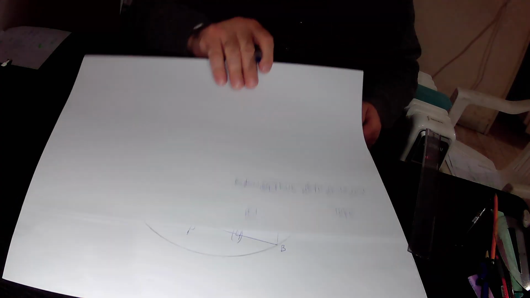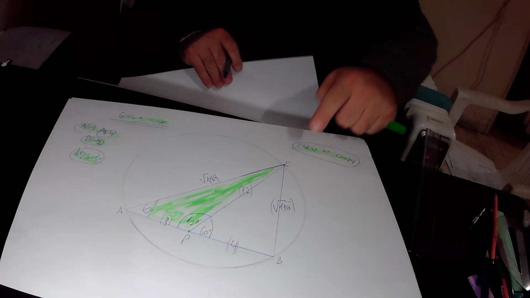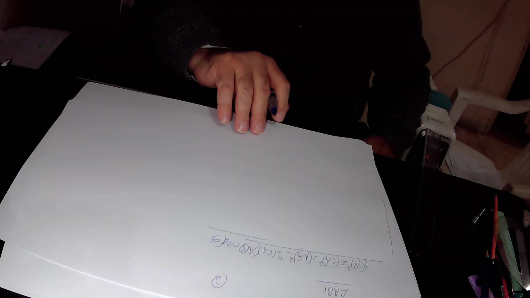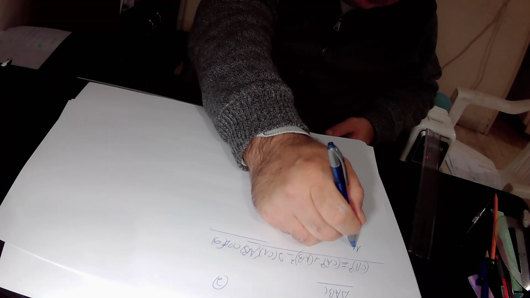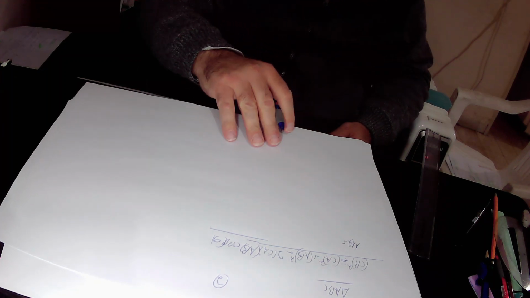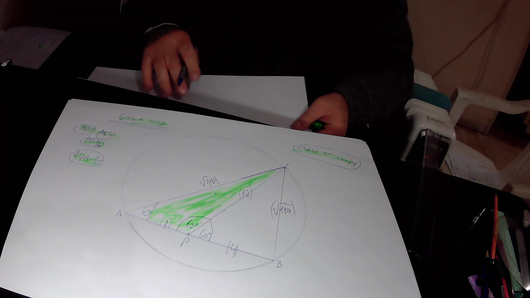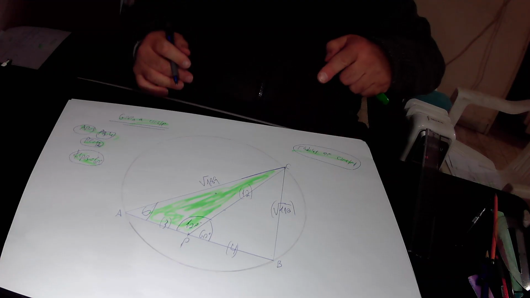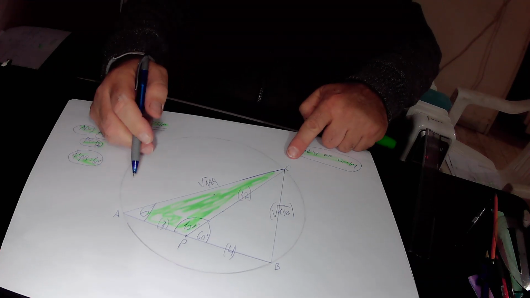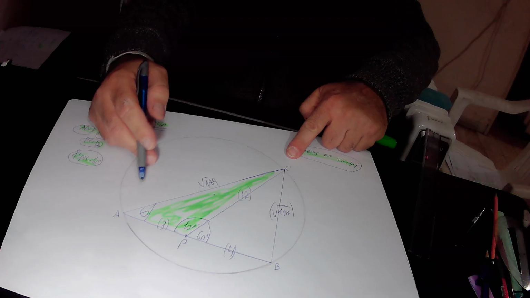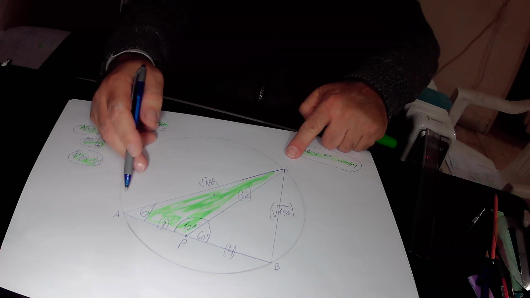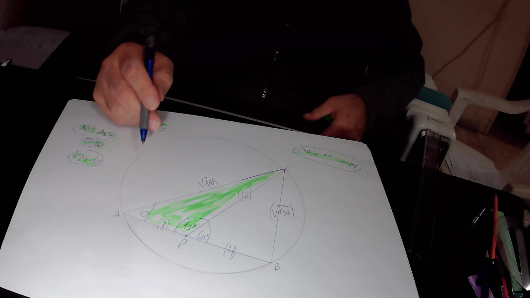We already found out that CB squared equals 112. So let's substitute CB squared by 112. And it equals CA squared. CA is the square root of 189, so CA squared is 189.